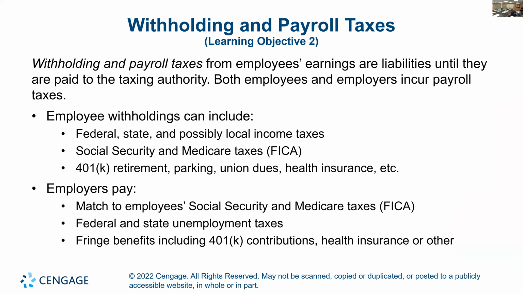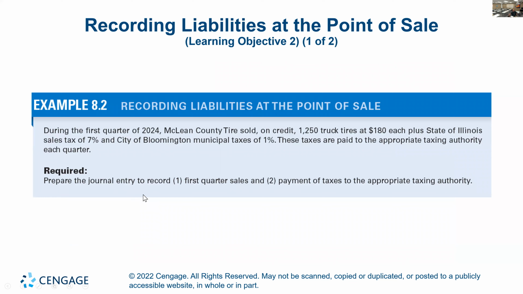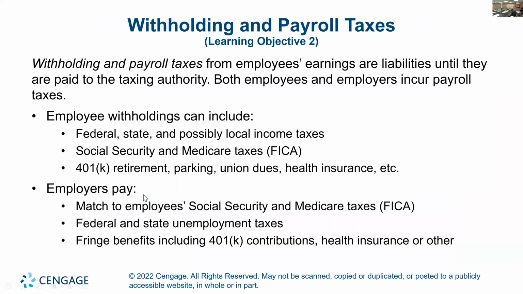And the last major cash payment type thing that we have is withholding and payroll taxes. They are not the same. Okay, so when we pay employees, employees have to pay federal, state, and sometimes local income taxes. Okay, that is not an expense to the business.